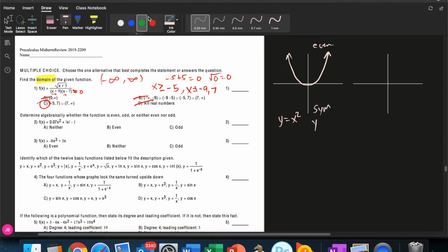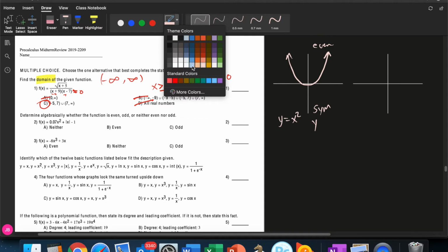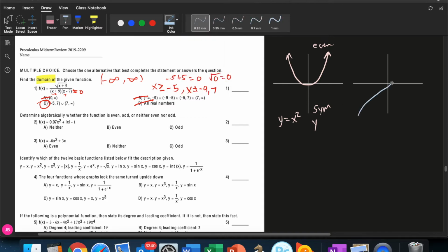All right? An odd function, on the other hand, is going to be something like y is equal to x cubed, and it's going to be symmetrical about the origin.